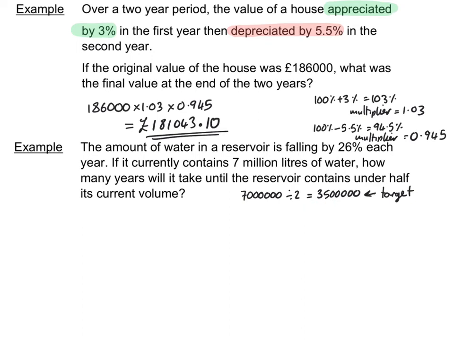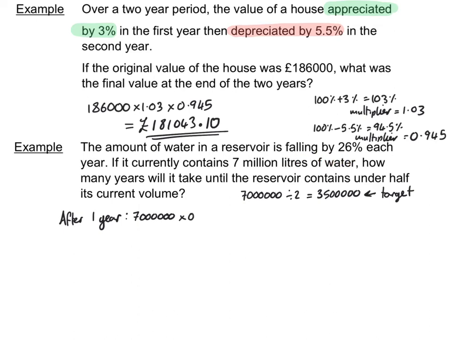What is important when you do a question like this is to actually label the different stages. You don't want to get halfway through this question and have to go back counting through all your working. So it's a good idea to put little labels or tabs in. So after 1 year, we've got our 7 million, and I'm decreasing it by 26%, which would mean I would have 74% left.